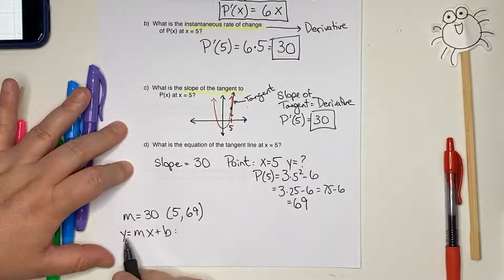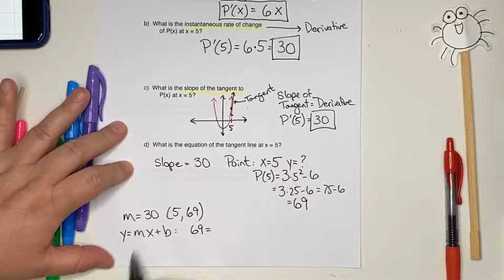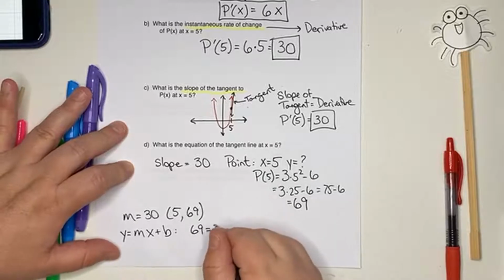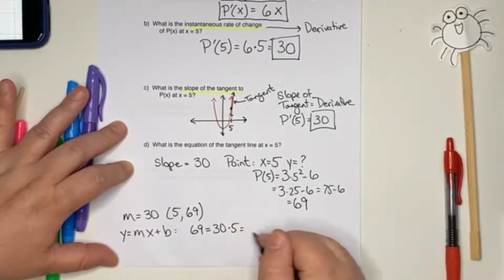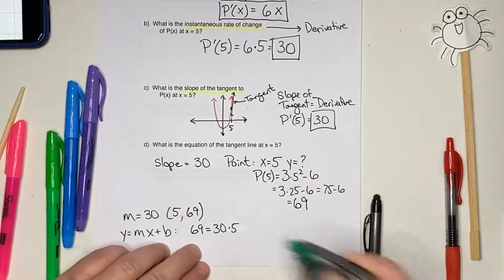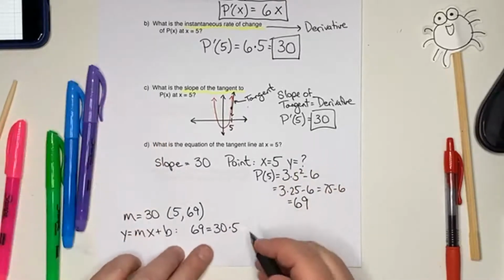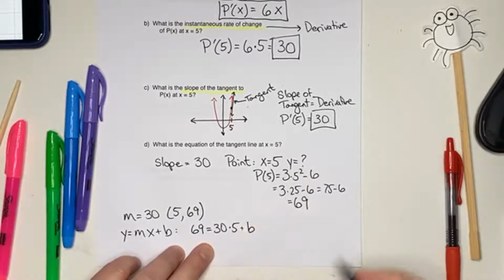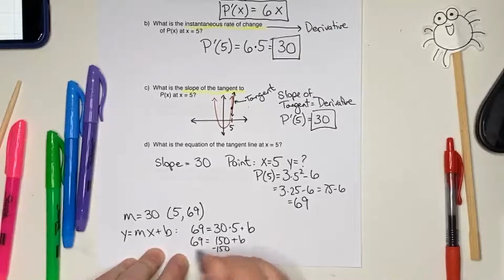So in this format, I would plug in the 69 for y, 30 for the slope, 5 for x, plus b. Like I said, a fine balance between caffeine and exhaustion. So 69 equals 150 plus b, minus 150.